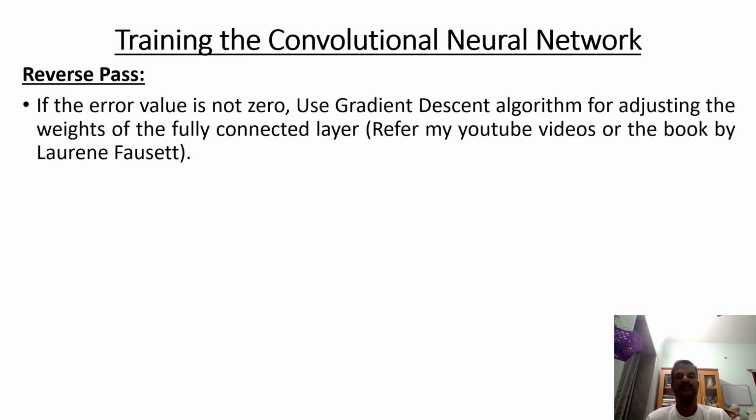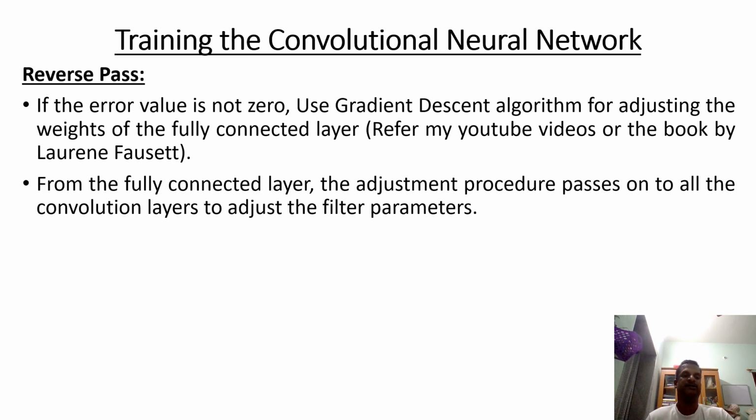How do we do that? Using the gradient descent algorithm, which is a very common algorithm. However, it can be used only when the error value is not zero. If it is zero, or close to zero, you can say that your initialization of weights and filter parameters is correct.